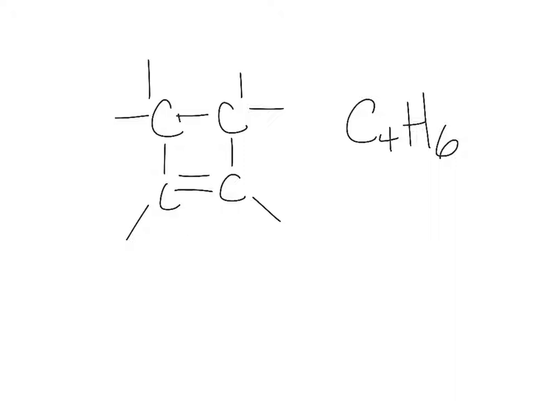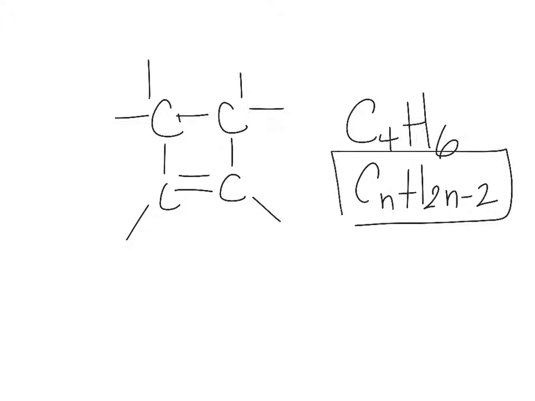That's unsaturated because there's a double bond. So the general formula for that one would be CnH2n minus 2. So when you have a cyclic alkene, it has the general formula of an alkyne.